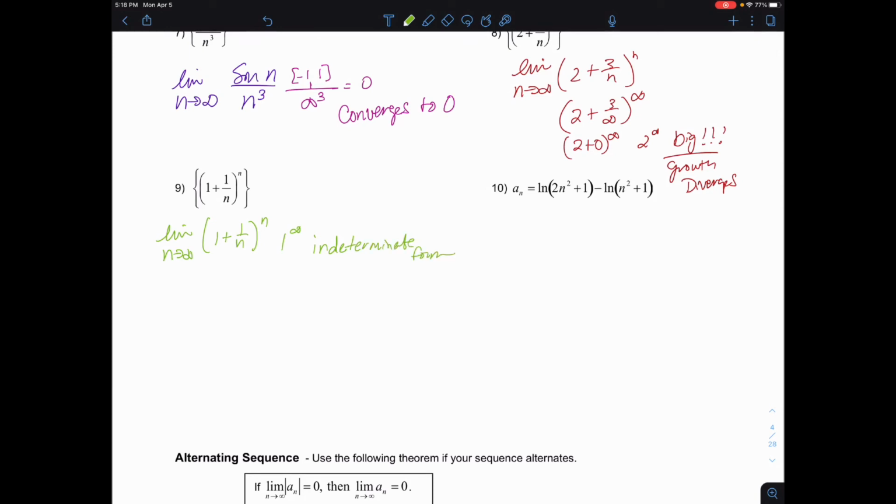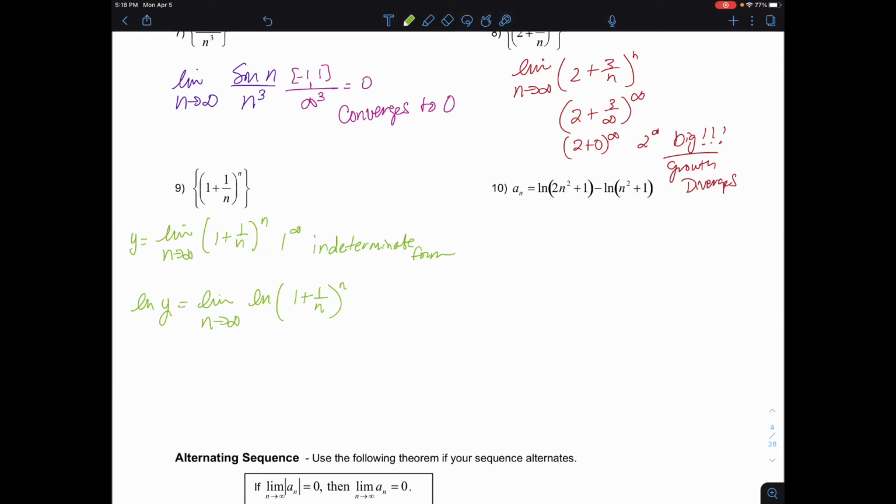So I'm going to take the ln of both sides here. Remember, I have a y equals. So I'm going to do the ln of y is equal to, and we're going to do the ln on the other side. So we're going to have the limit as n goes to infinity of the ln of 1 plus 1 over n to the nth power.